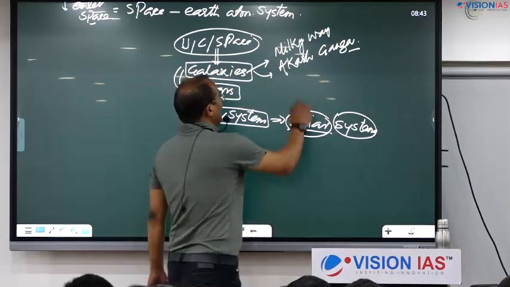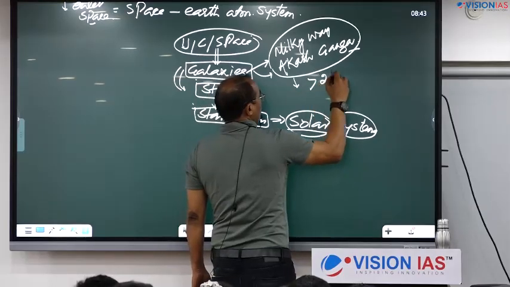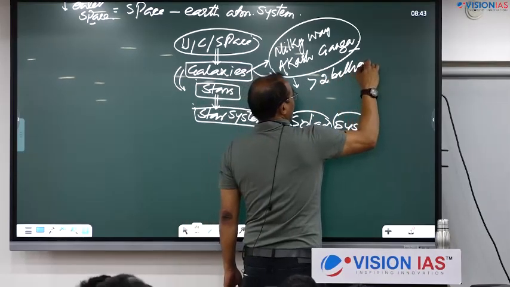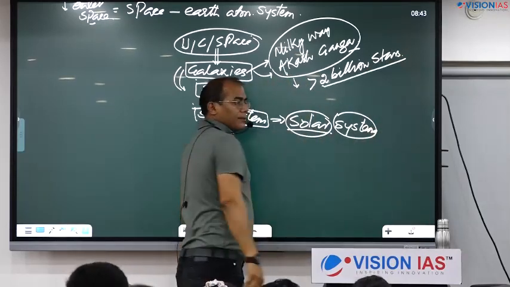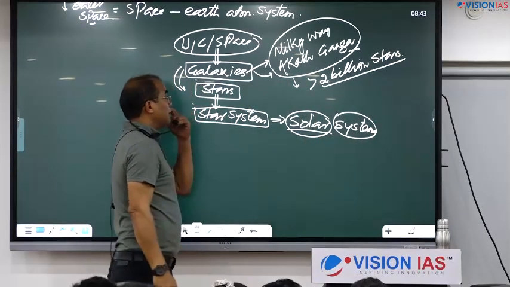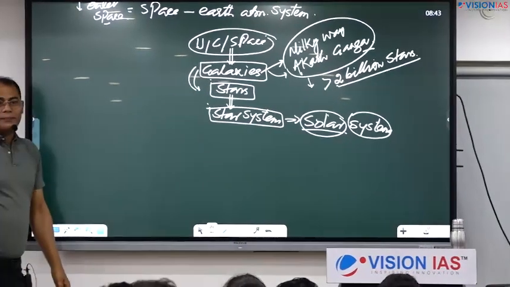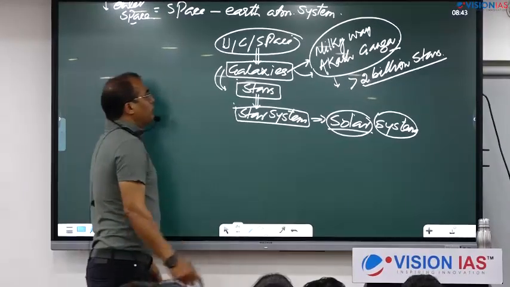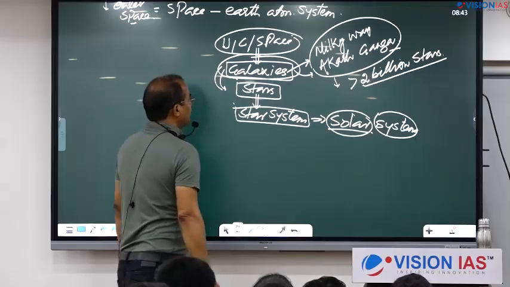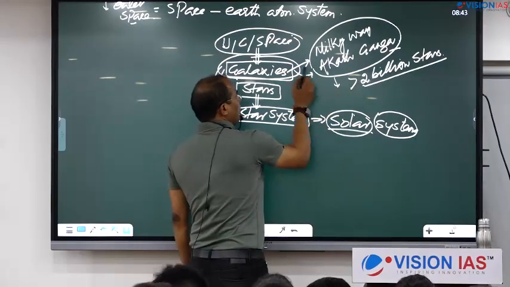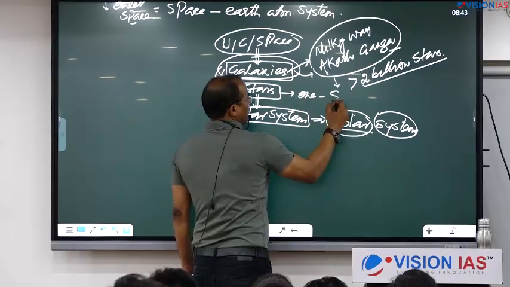So the galaxy we are living in is Milky Way or Akash Ganga, which is supposed to have more than 2 billion stars. 2 billion stars in this galaxy itself. And there are millions of billions of galaxies, yet to map properly the number of galaxies in the universe. Imagine that. And in that more than 2 billion stars in Milky Way, one star is sun.